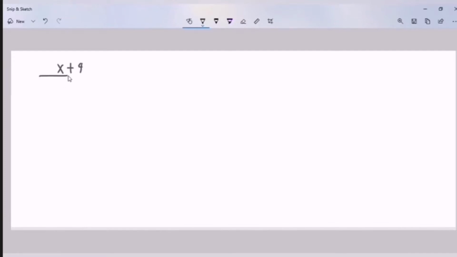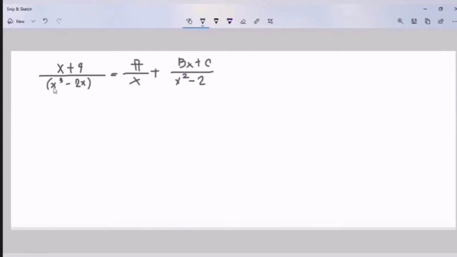The first example is x plus 4 all over the quantity x cubed minus 2x. On the previous line, we have it factored into x times x squared minus 2. As you can see, the first factor is a linear factor, and the second factor is a quadratic factor.